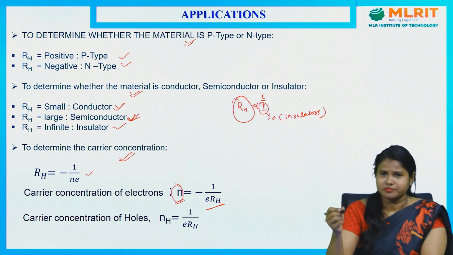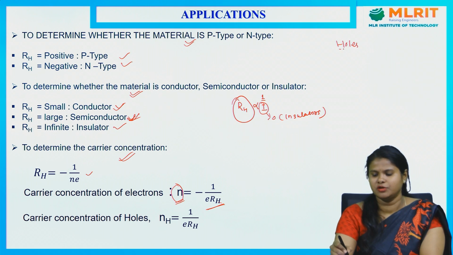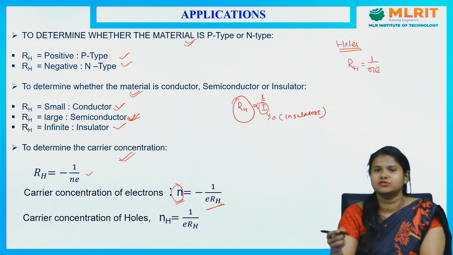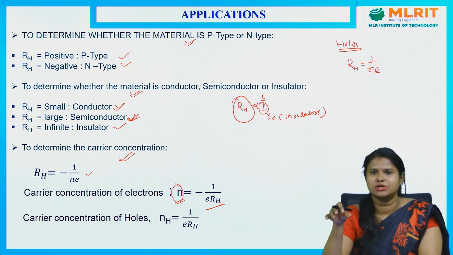But if we are considering holes, for holes this RH value will be equal to 1 over Ne. So for electrons RH is minus 1 over Ne, but for holes RH is 1 over Ne, and it will have a positive value.